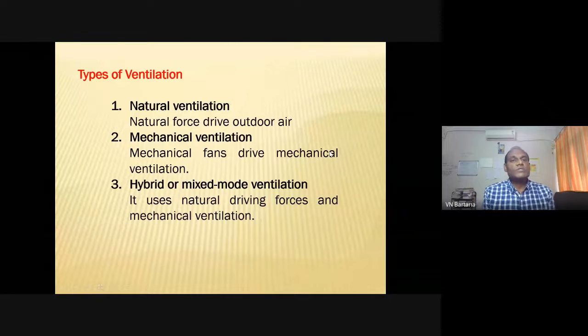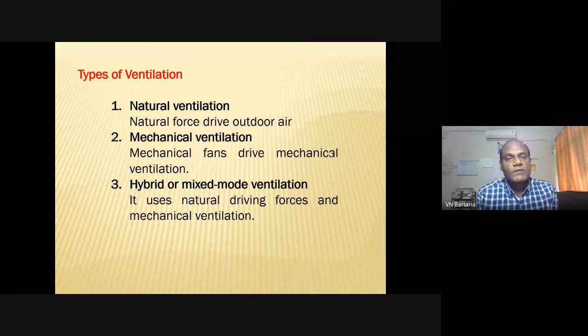The commonly used types of ventilation. Ventilation may be established by the natural ventilation system. Natural force drives outside air in natural ventilation. It may also take place by mechanical means, which is called mechanical ventilation. Mechanical fans drive mechanical ventilation.